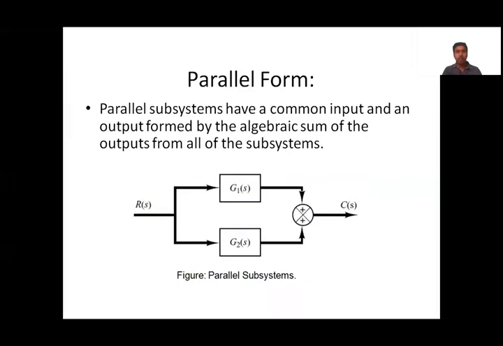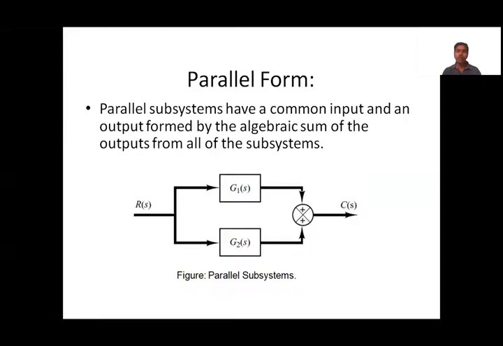Suppose the subsystems are connected in parallel form, how do we reduce this? First, how do we confirm the parallel form? In the cascade form, all the blocks are connected in series, so the signal flow arrow goes from start to end.